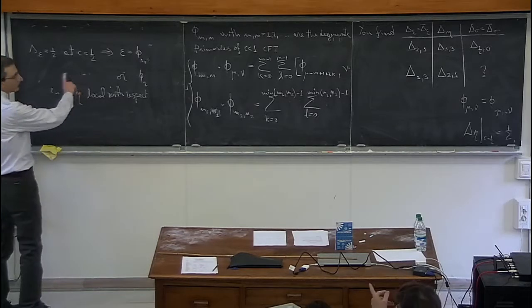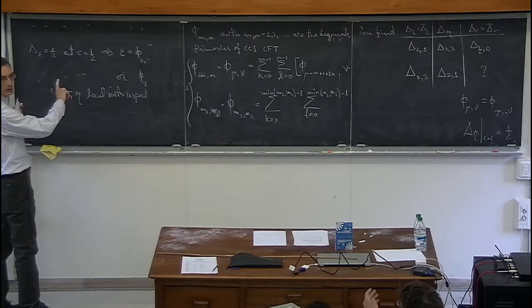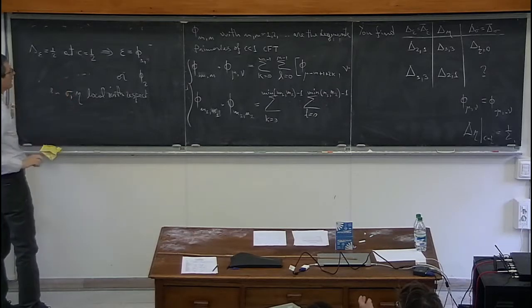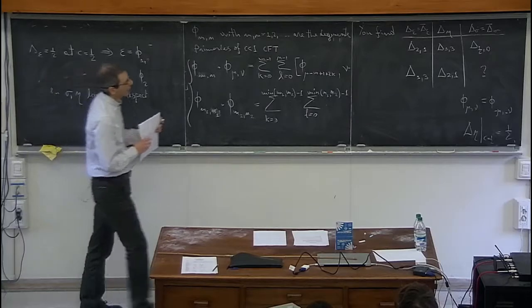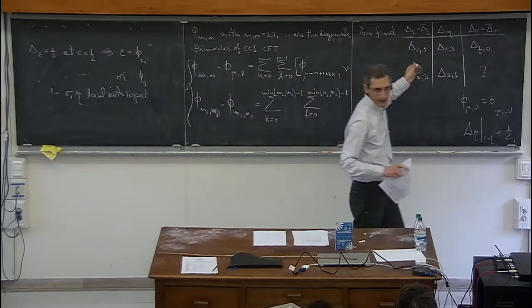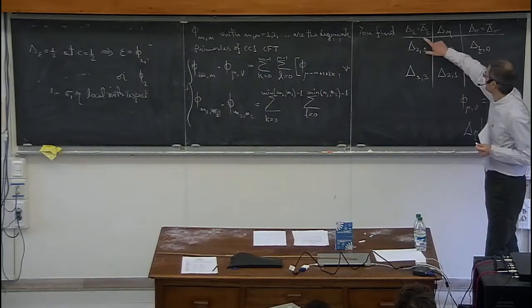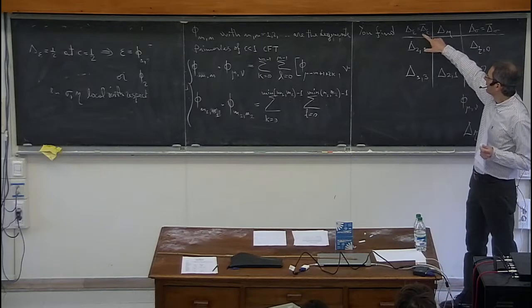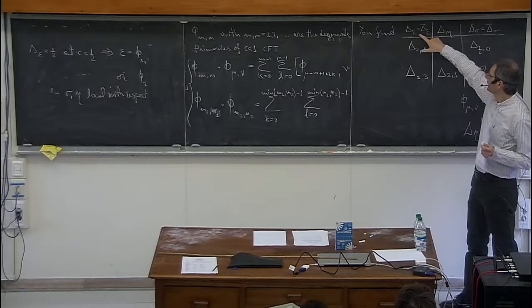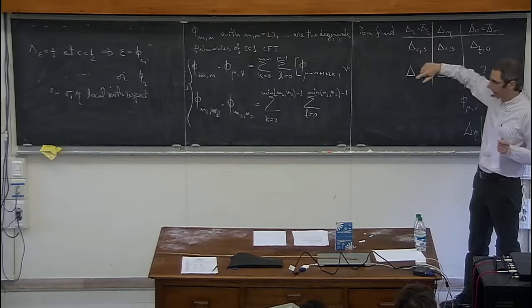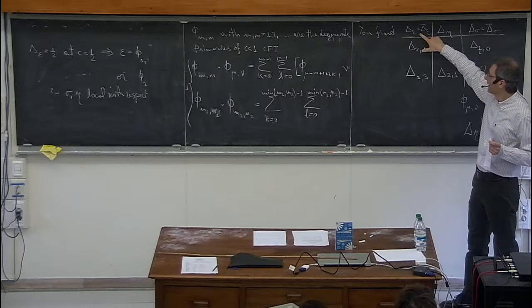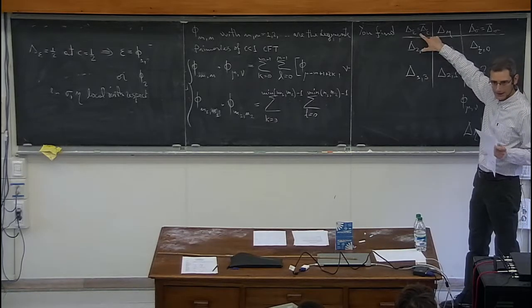Condition, which one? To identify these objects. I mean, you see, I argued that I'm looking for epsilon. I explained that first of all, I expect that it is a degenerate field.